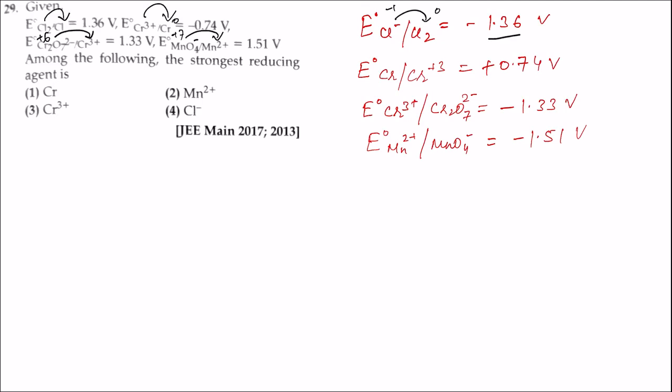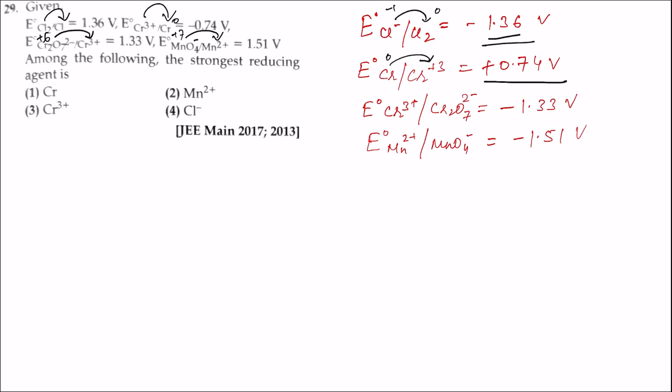For example, the reduction potential value was +1.36, so the oxidation potential value is -1.36. Similarly, for chromium, going from 0 to +3, oxidation is taking place, and the value is +0.74. Just the sign will change.